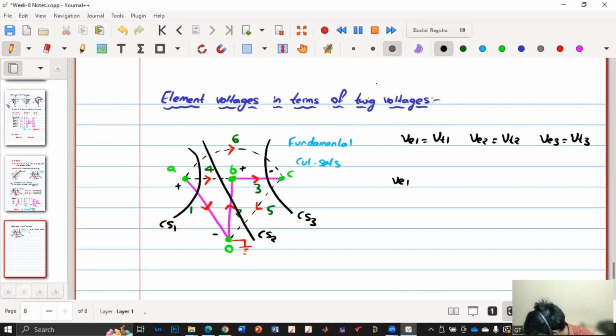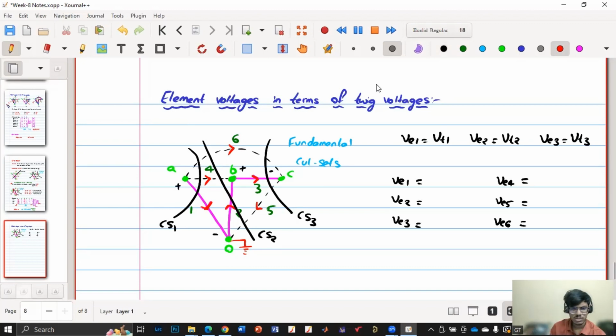So our VE1, VE2, VE3, then VE4, VE5, VE6. We have assumed that the twig voltages are the element voltages.